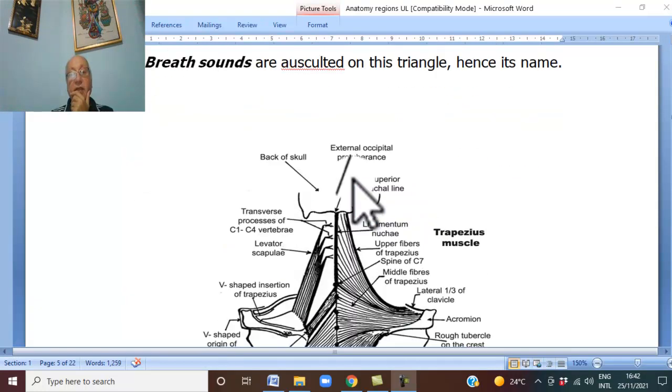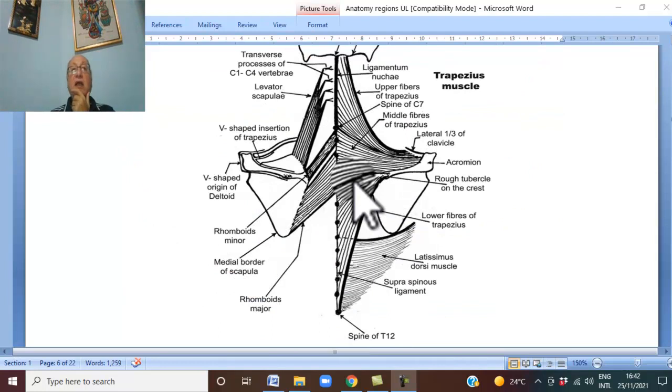Triangle of auscultation. The triangle of auscultation is a triangle on the back of the thorax, back of the chest wall, bounded medially by the lower part of the lateral border of trapezius.